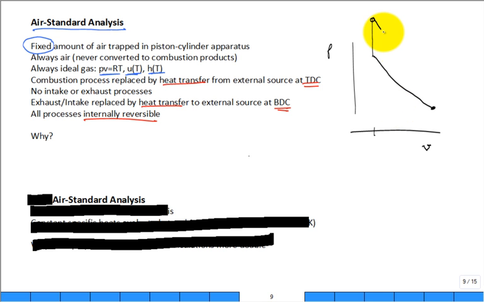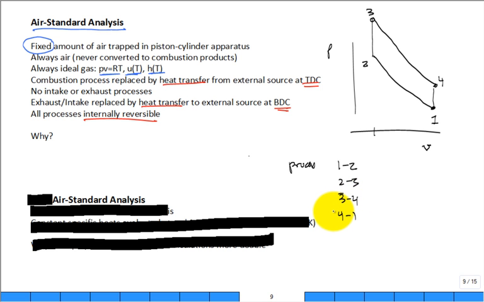Then we expand on the power stroke, and heat rejection at constant volume finishes off our cycle. So we have states 1, 2, 3, 4, and processes 1 to 2, 2 to 3, 3 to 4, and 4 to 1.